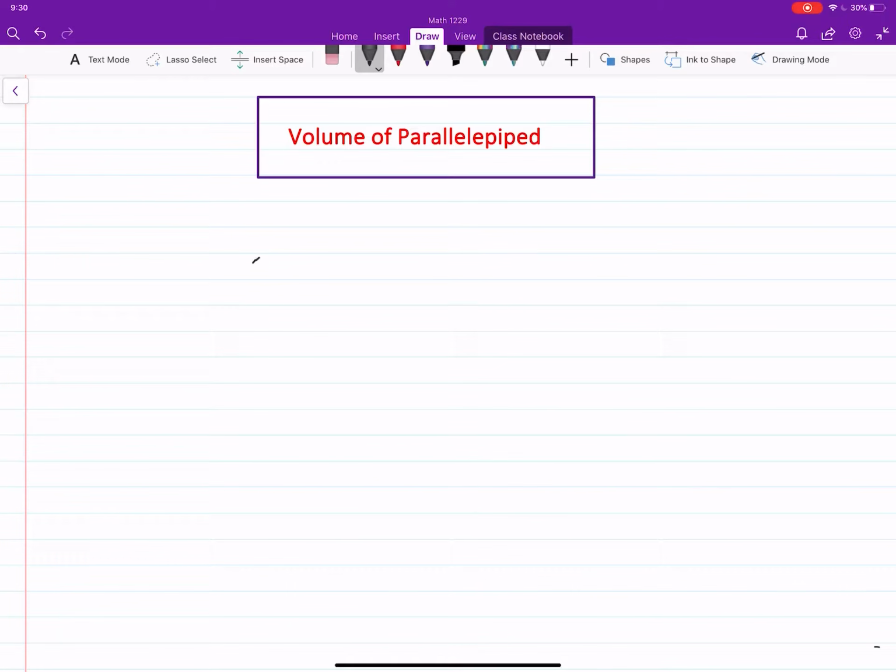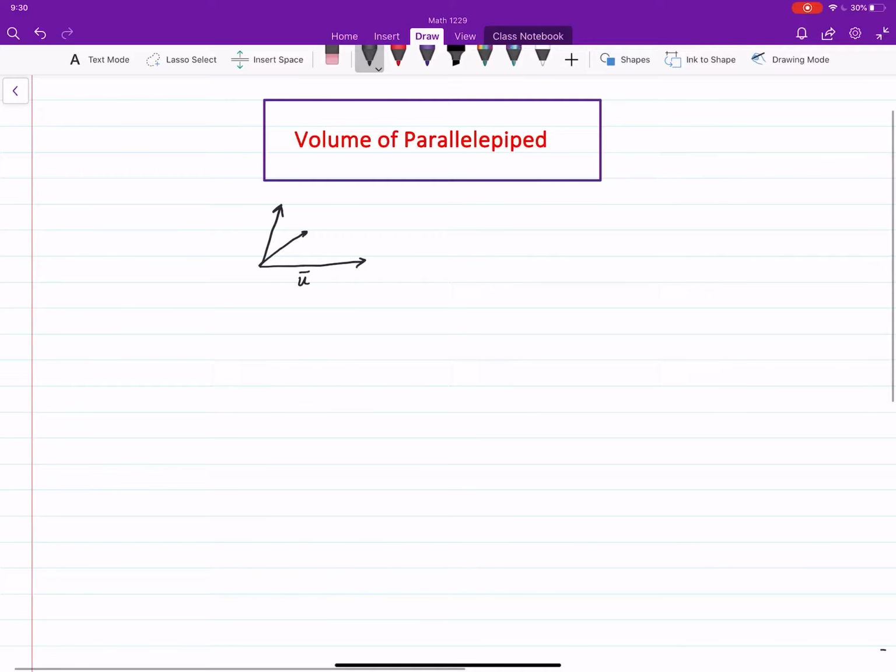So when you have three vectors u, v, and w, you can use any two of those to form a parallelogram. For u and v, you have this parallelogram.